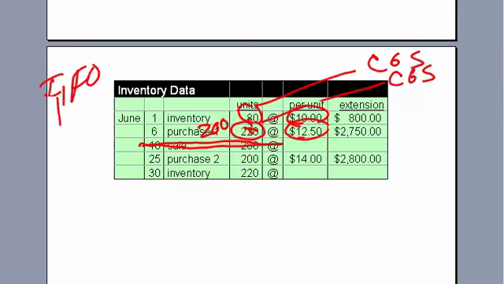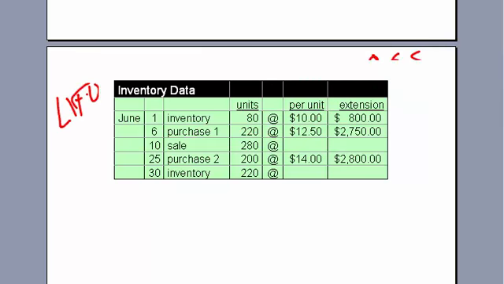So under the LIFO method, last in, first out, 200 of these units go to the cost of goods sold, and 80 of these units. So 80 of those units go to the cost of goods sold. So the difference here, which is what? 180?